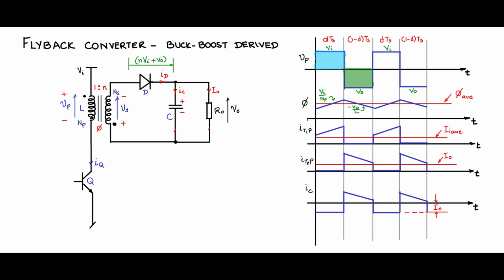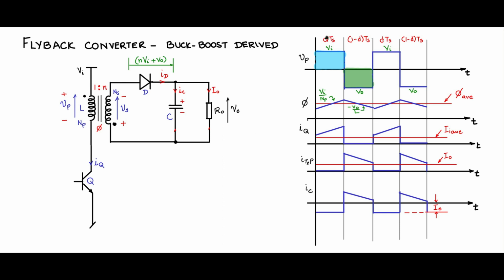Now what is the waveform of the current that is flowing through the primary, or the current that is flowing through Q? IQ is nothing but the current that was flowing through throw 1 to pole, that is IT1P. So IT1P becomes IQ.